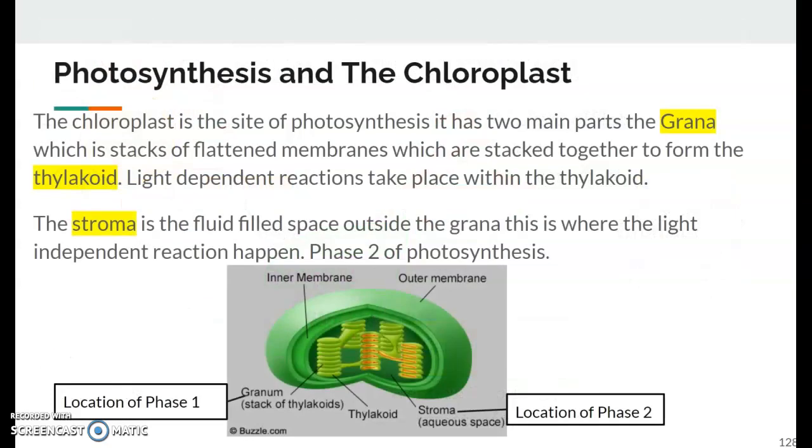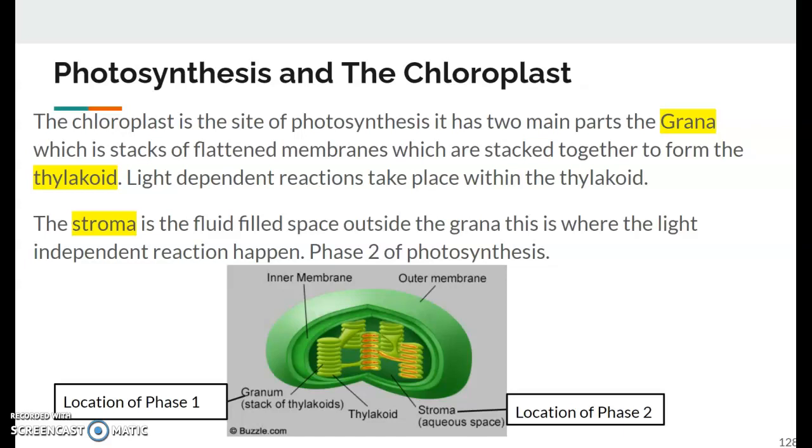All right, so the chloroplast is a site of photosynthesis. It has two main parts. The grana, which are stacks of flattened membranes, which are stacked together to form what's called a thylakoid. The light-dependent reactions take place within the thylakoid.